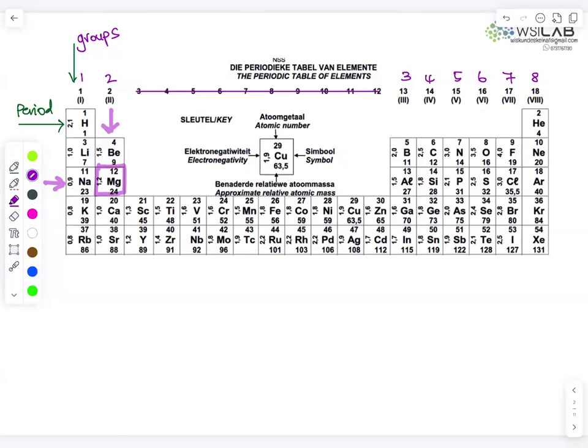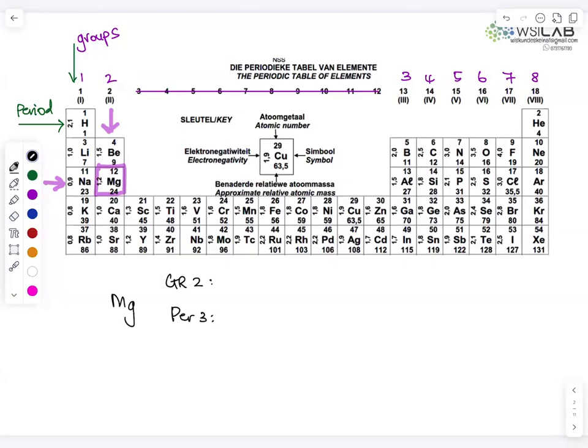So what is important is the group number. Now, everything we're doing now is really important, because you're going to fit all the chemistry that we can do this year into this overview. So if I look at the element magnesium, it is in group two and in period number three.